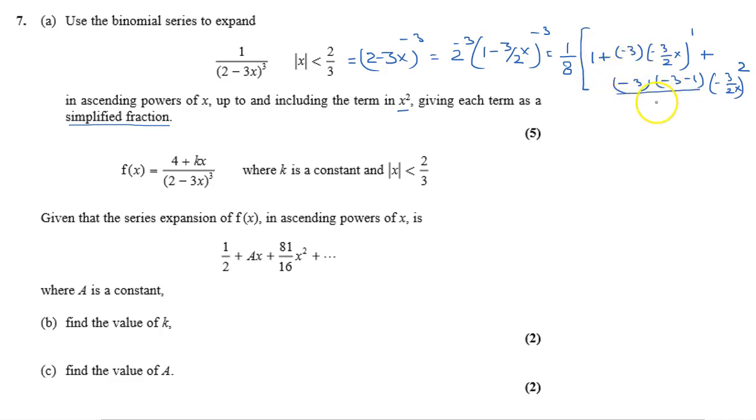factorial 0, factorial 1 and factorial 2. So 2 multiply 1.